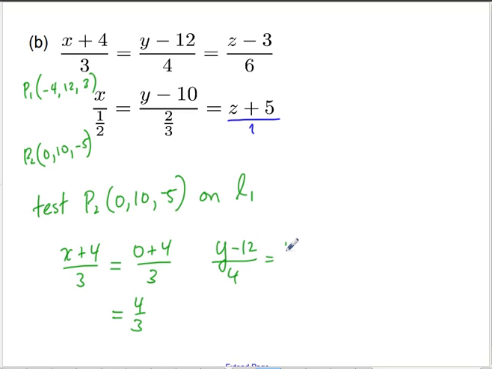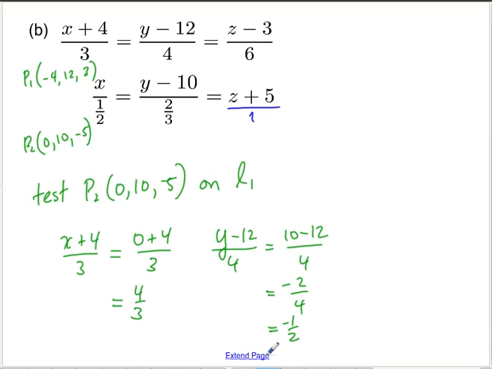That becomes 10 minus 12 over 4, which is -2 over 4, which is -1/2. We've already got an inconsistency. And just for the sake of completeness, let's look at z minus 3 over 6, which becomes -5 minus 3 over 6, which becomes -8 over 6, which is -4/3.